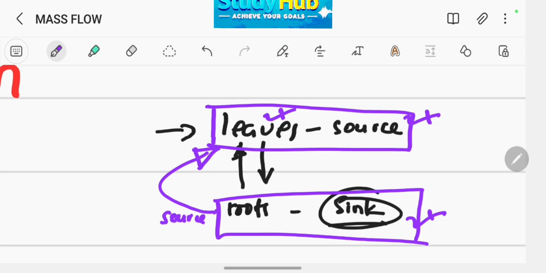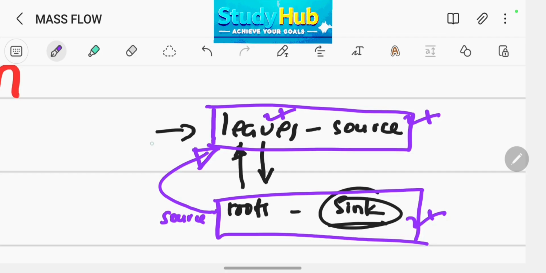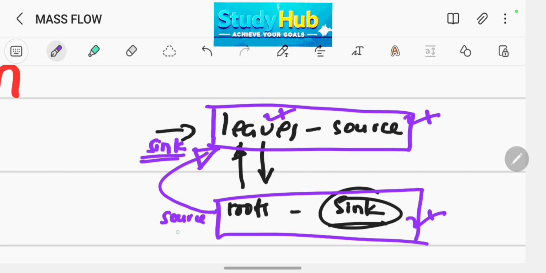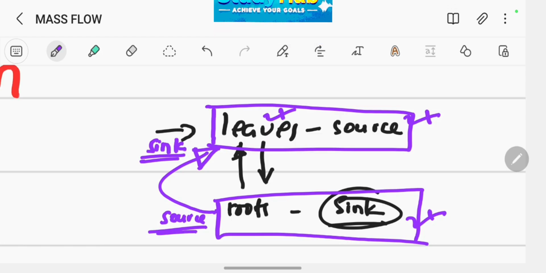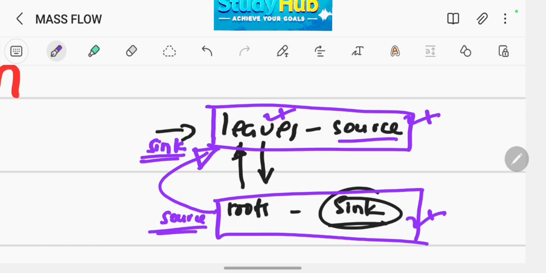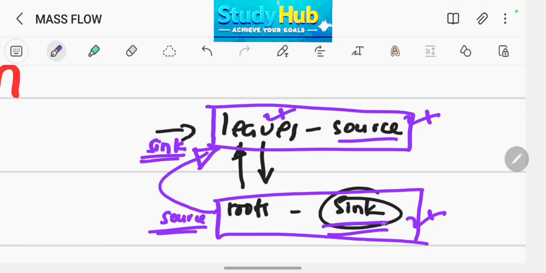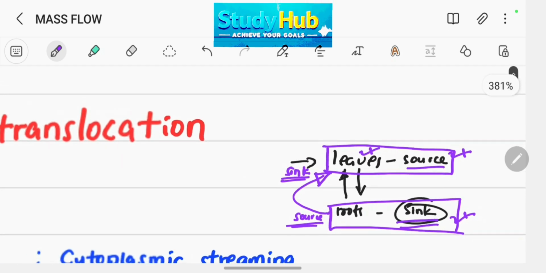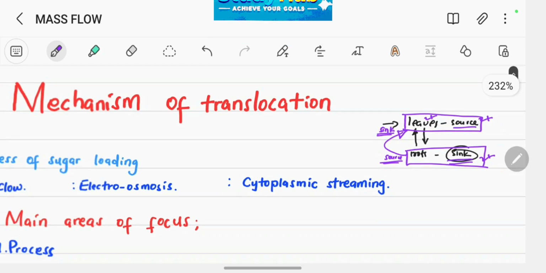The leaves are the recipients, then we call them sink. So usually students think that leaves always are the source and the roots are the sink. No, it's all about who is receiving and who is donating.